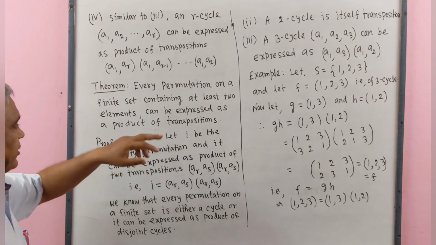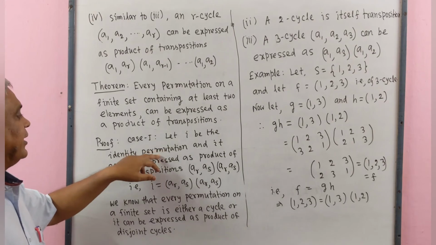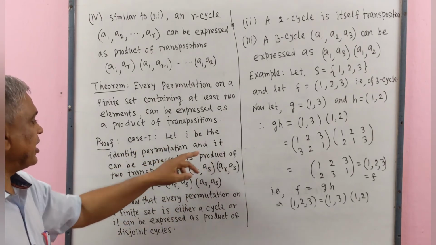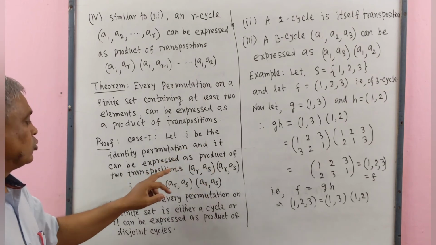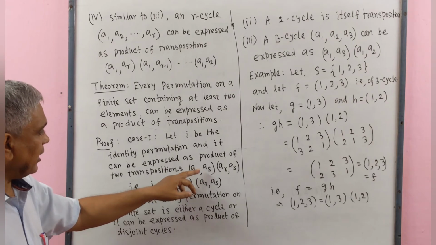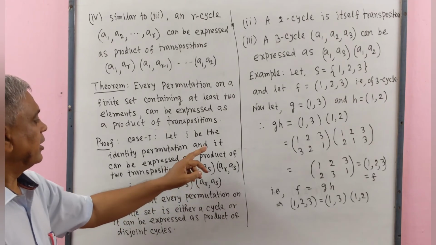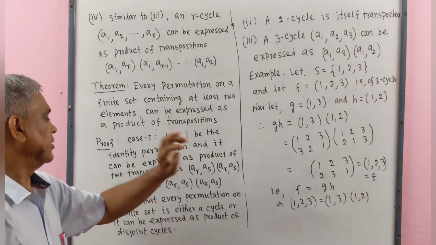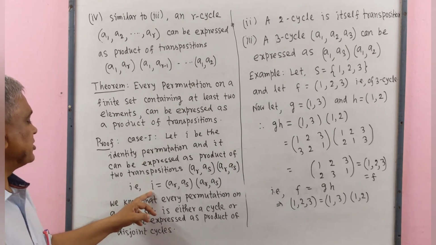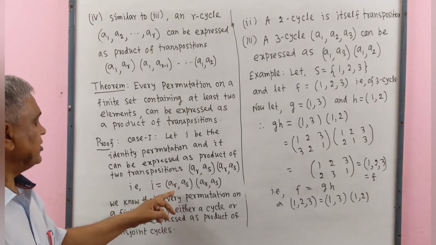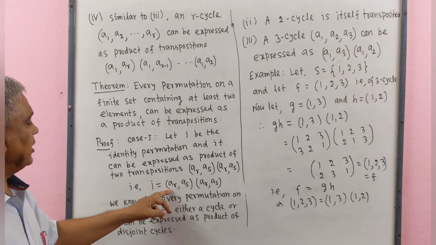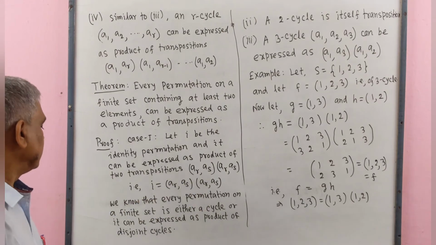Here, case number 1. Let I be the identity permutation and it can be expressed as product of 2 transpositions (AR AS) and (AR AS). That is, identity permutation is expressed as product of 2 transpositions (AR AS) and (AR AS).